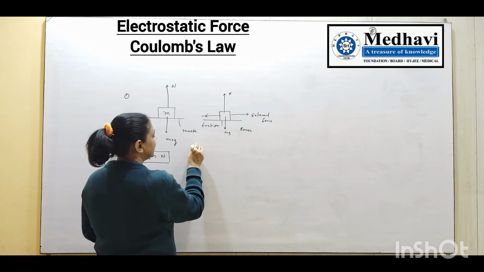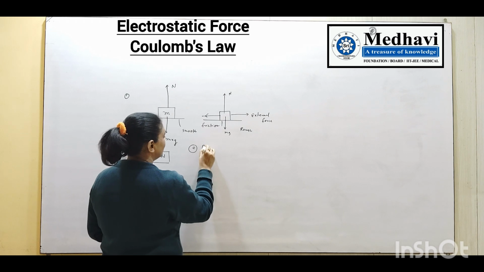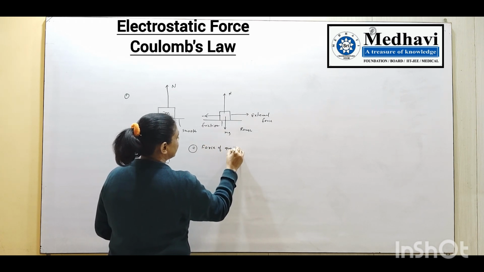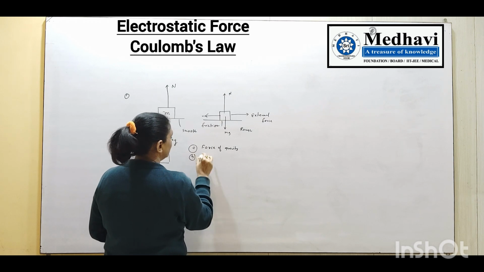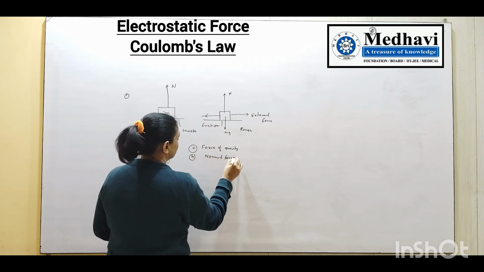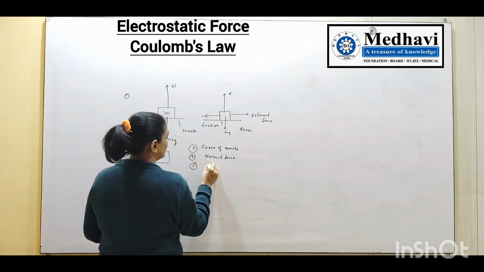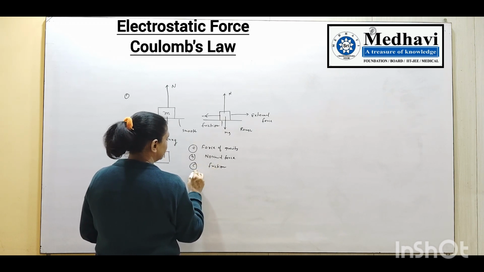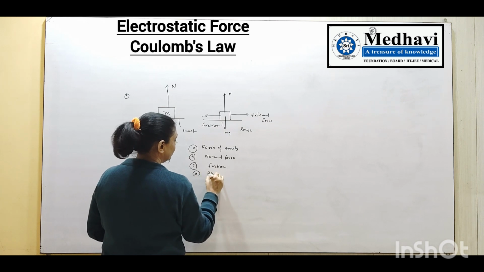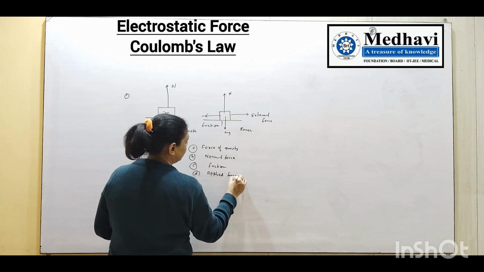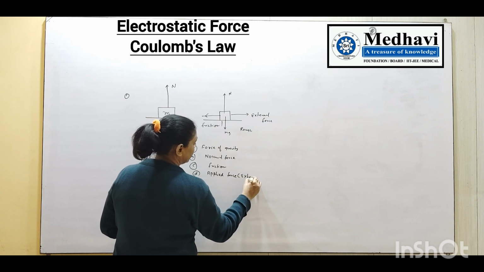So the first force that I have explained is the force of gravity. Second is the normal force. Third is the force of friction. Fourth is the applied force, or external force.